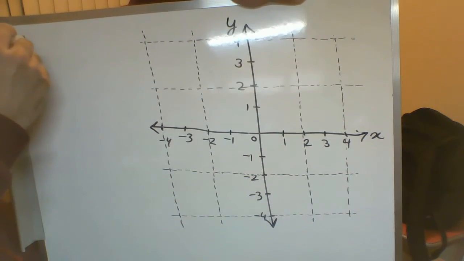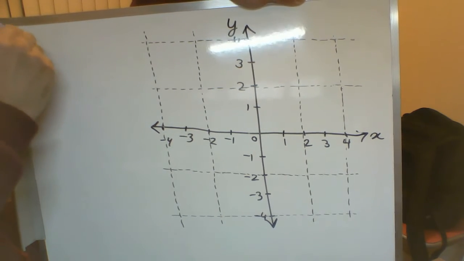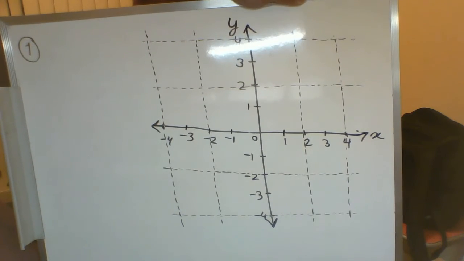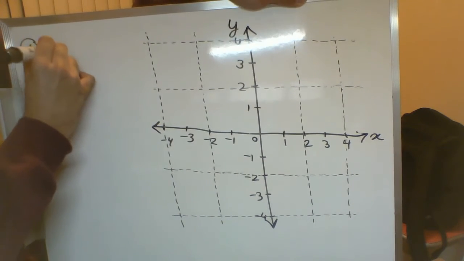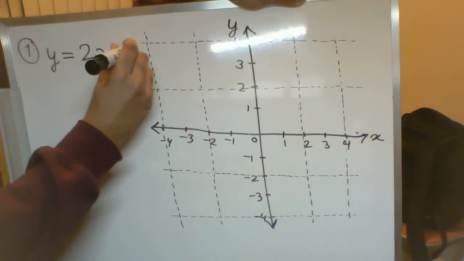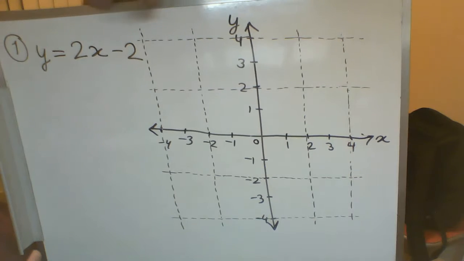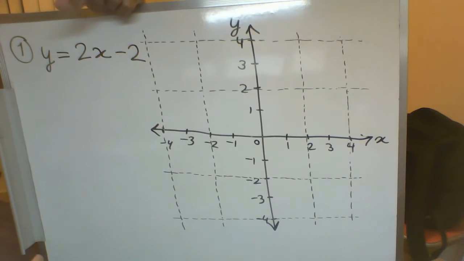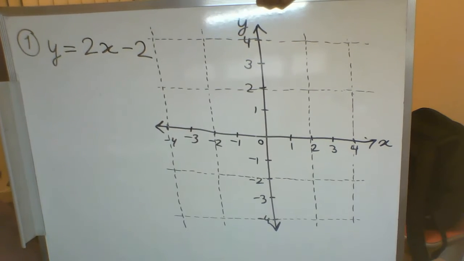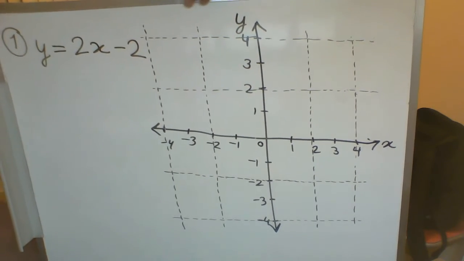And now I'm going to give you two equations. Your first equation that we're going to graph is, let's see, I worked this out earlier to make sure I didn't make any mistakes. This is going to be y equals 2x minus 2, which I believe is one of the first ones that we graphed in the first or second lesson since we started this unit.